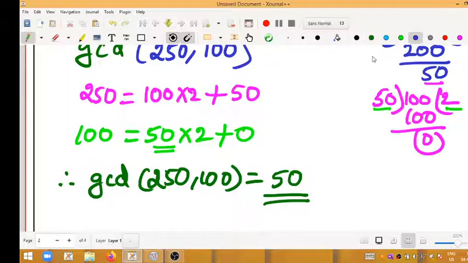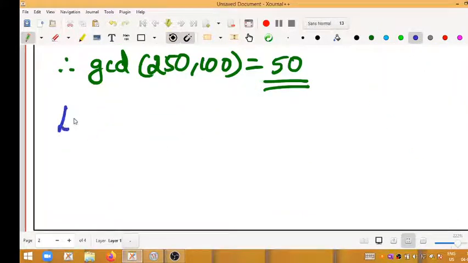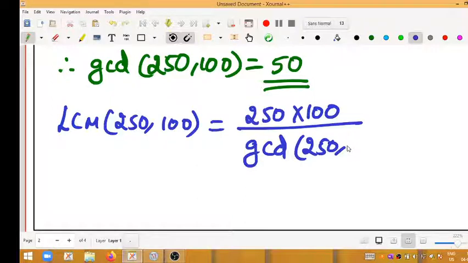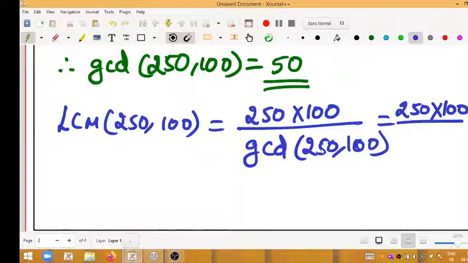Now what do we want to find? LCM we want to find. LCM of 250 comma 100 is equal to A into B divided by GCD of 250 comma 100, which is 250 into 100 divided by this GCD, 50.